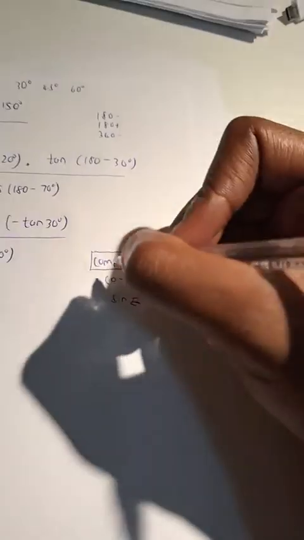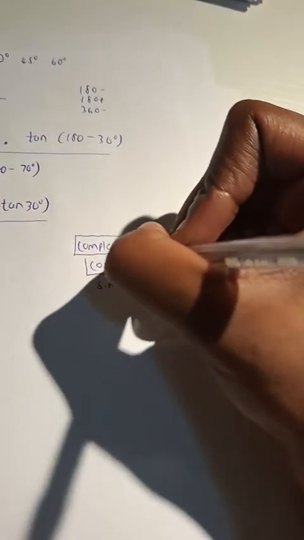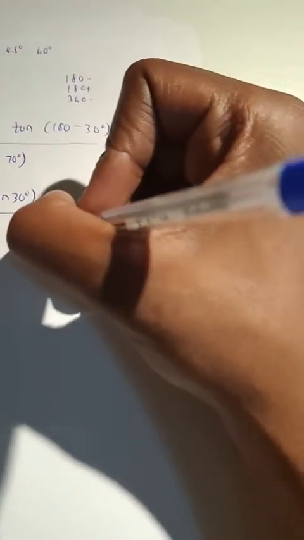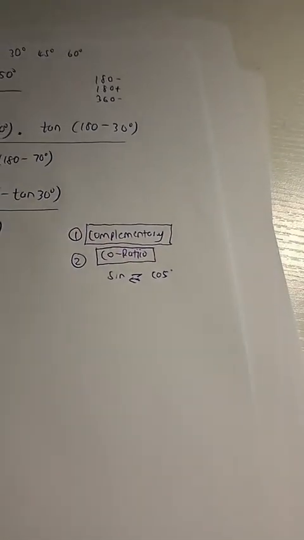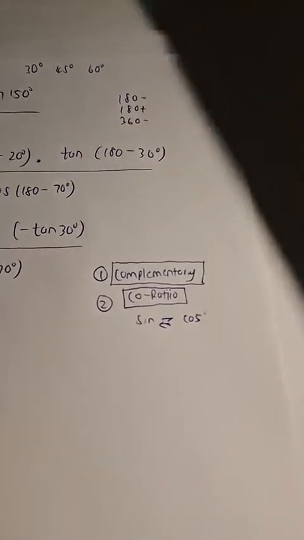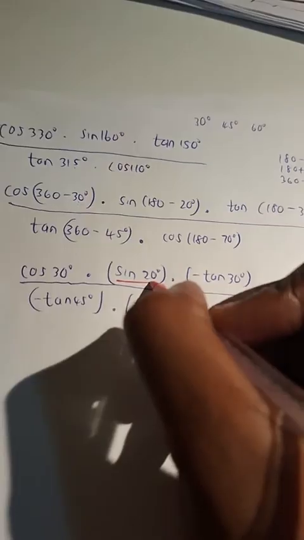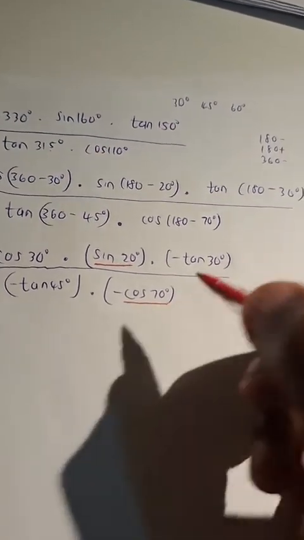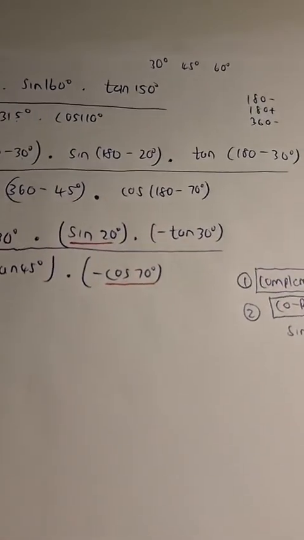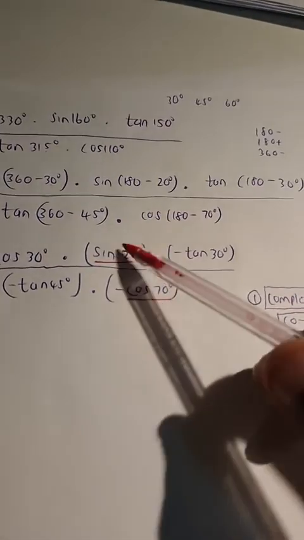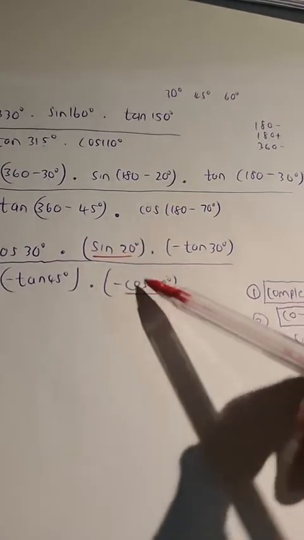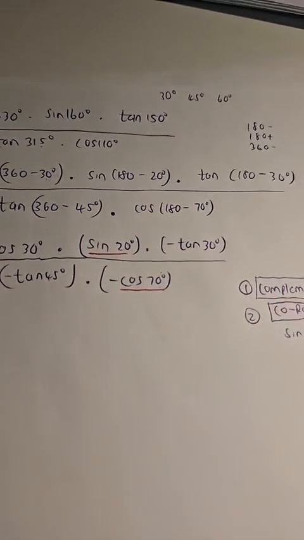Now, sometimes you look at two ratios and you can see that they are complementary, they are co-ratios. I want you guys to pay special attention to these two. You see this one? You see this one? Don't mind the sign. These two things, they are the same. Why?